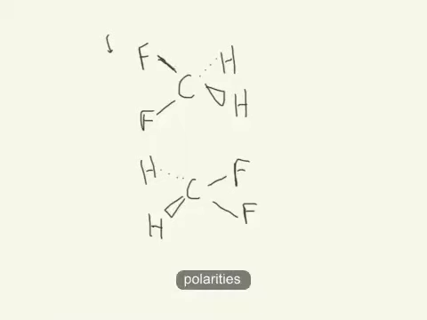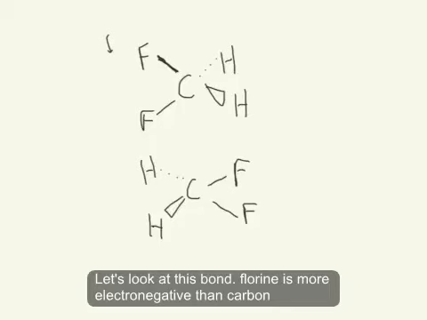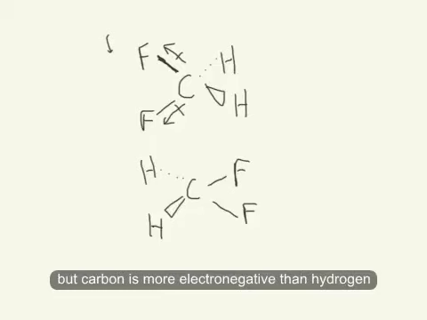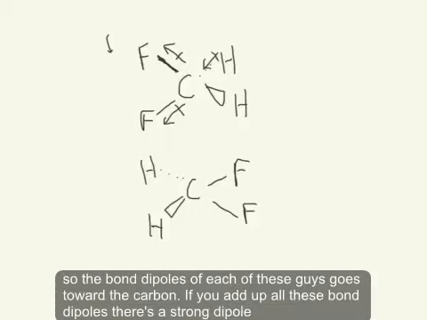So let's look at this bond. Fluorine is more electronegative than carbon. So this bond is polar toward the fluorine, and so is this one. But carbon is more electronegative than hydrogen. So the bond dipoles of both of these go toward the carbon.